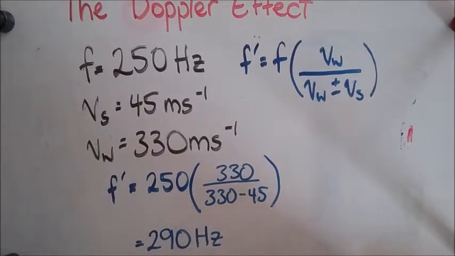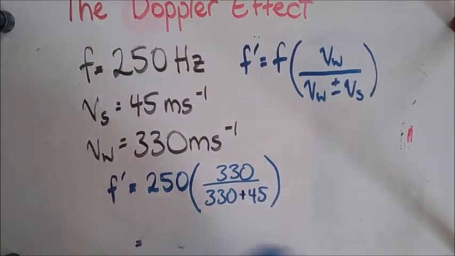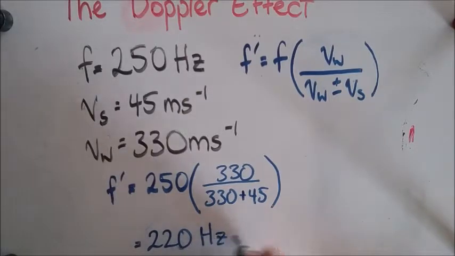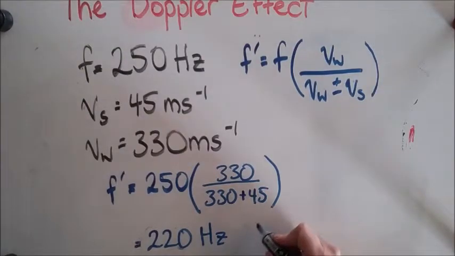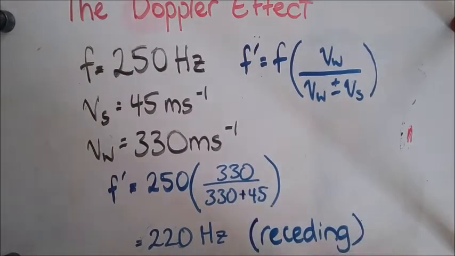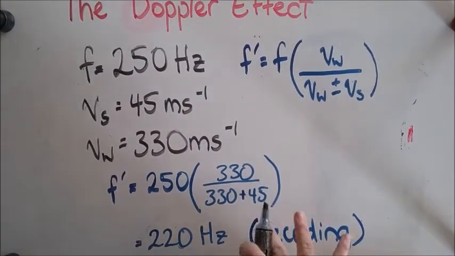So we'll do exactly the same thing, but this time when you're receding, it's going to be a plus, and the answer works out to be 220 hertz. Now, in an actual exam question, I would put in brackets next to it receding, and next to the other one approaching, just for myself.